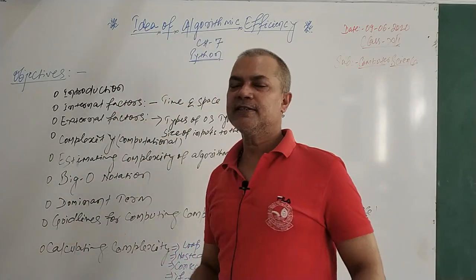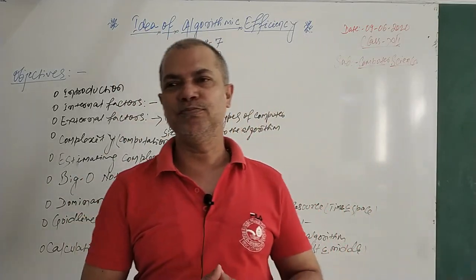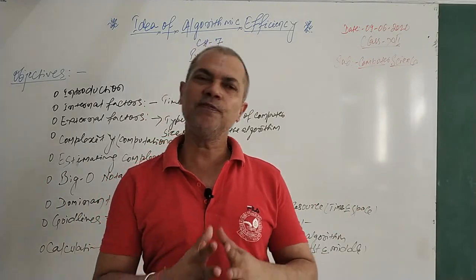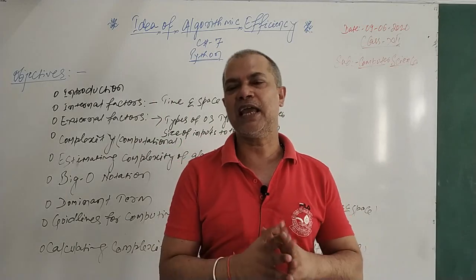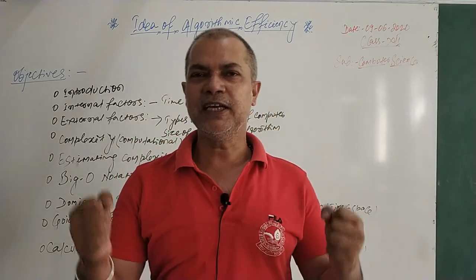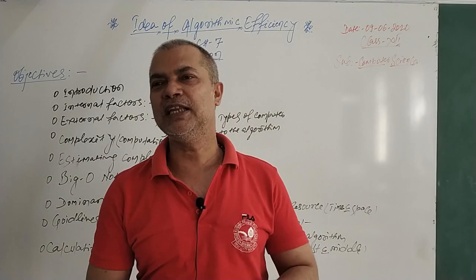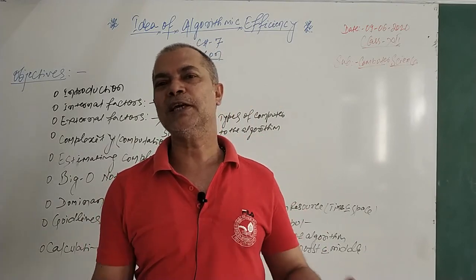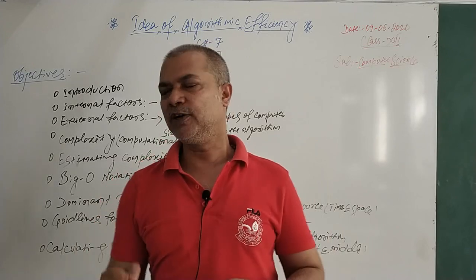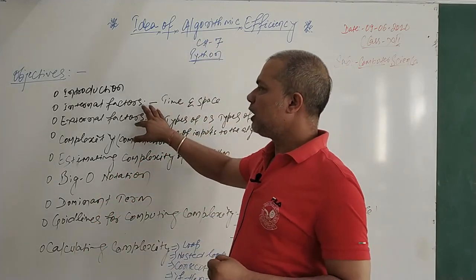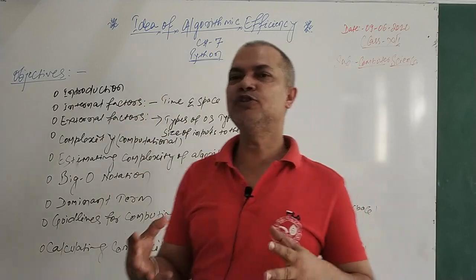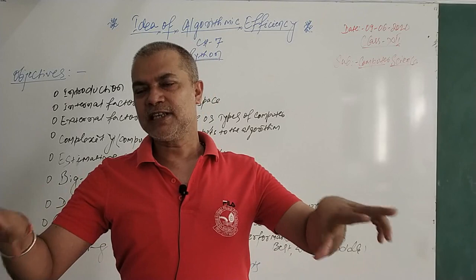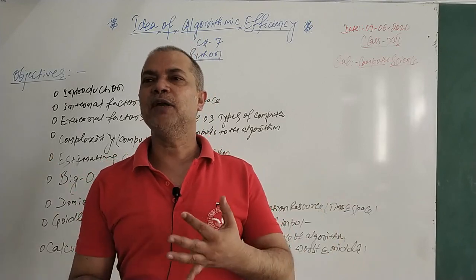Now, there are 2 factors in every algorithm that we write. One is the internal factor, one is the external factor. The external factors depend on many things and can be controlled easily. But the internal factors are very crucial to check the complexity or efficiency of an algorithm. In the case of internal factors, we have 2 major factors: time and space.